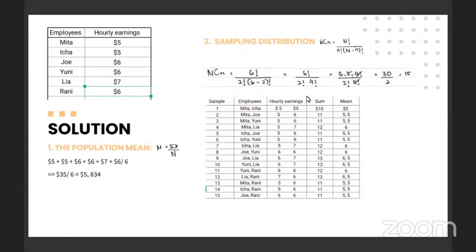So the table on the screen is the results from the 15 samples. Next.